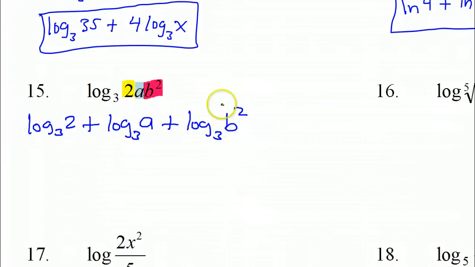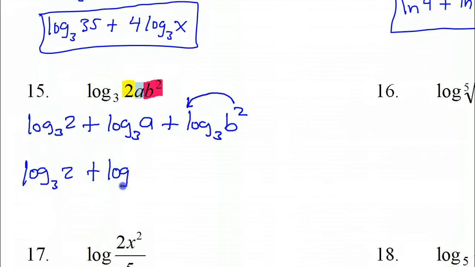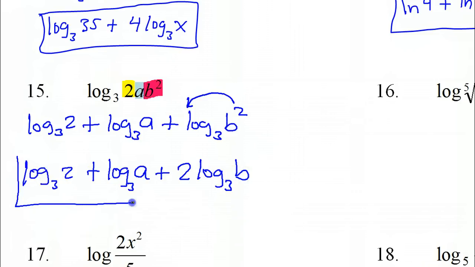So the final answer is log base 3 of 2 plus log base 3 of a plus 2 log base 3 of b. And that is the final answer. All right, number 16.